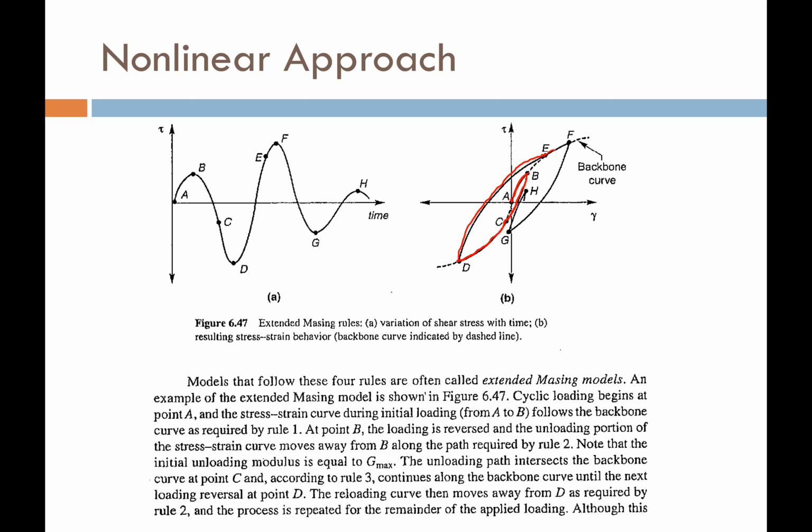Then I'm just going to follow it until I reverse directions. And if I stop and reverse directions again, what's going to happen is I'm just going to follow the same shape of the initial backbone curve, but it's just going to come up. And so you get the idea. So these are what we call the Masing criteria for loading and unloading.